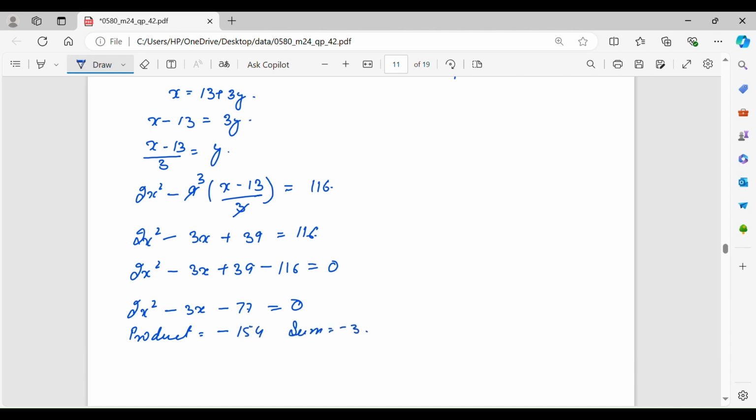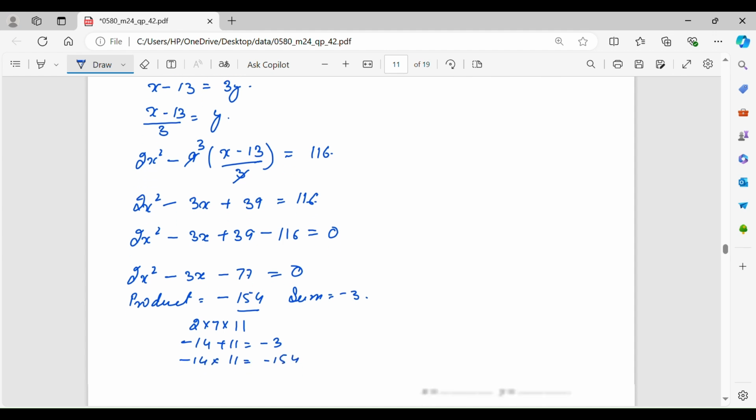So we need to factorize this. We have 2 into 7 into 11. Yes, so 14 and 11. This will be minus 14 and plus 11, which is equal to minus 3, and minus 14 into 11 is equal to minus 154. So we can factorize now.